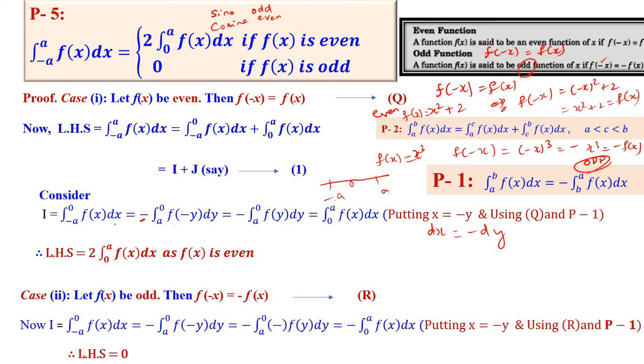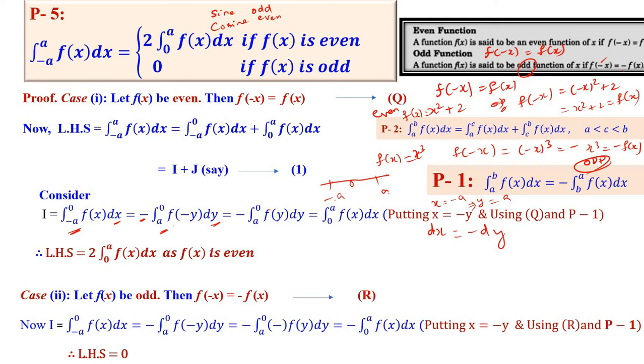When x takes the value minus a, y will be a. When x is 0, y is also 0. So this is what we get.